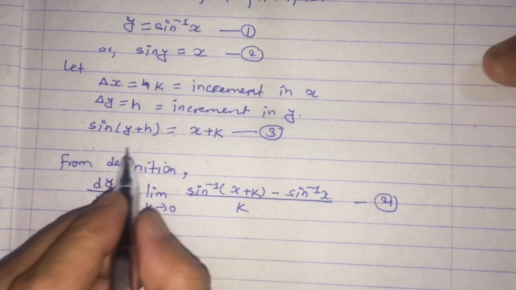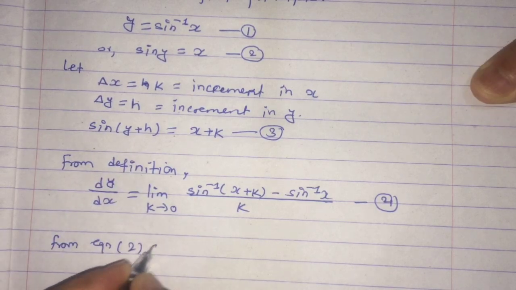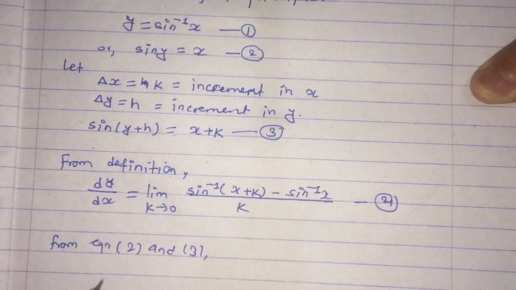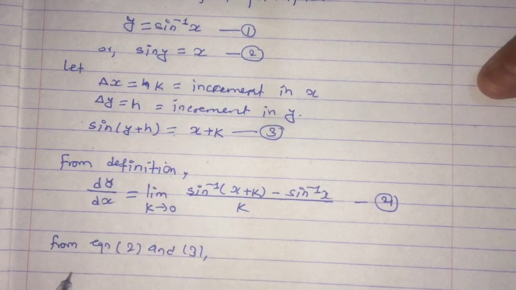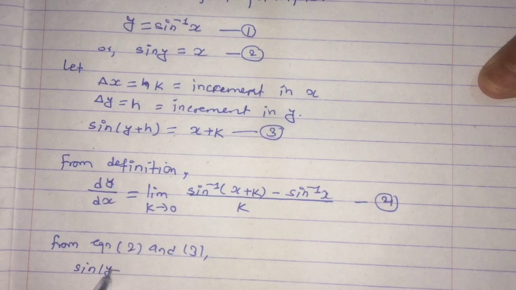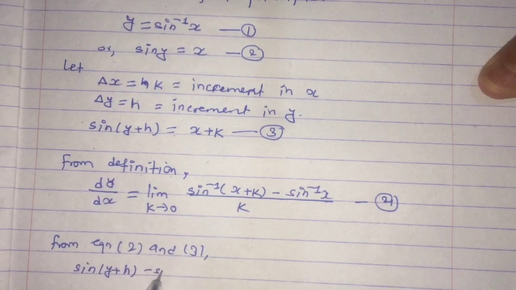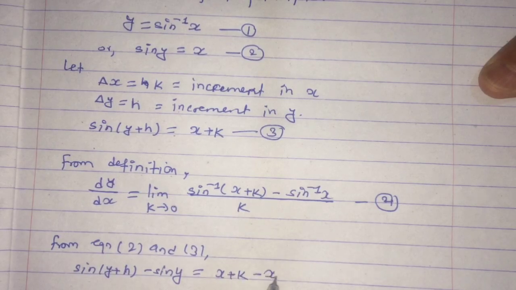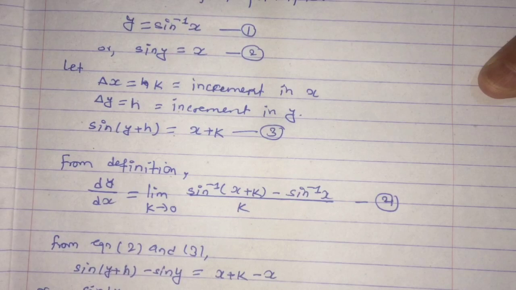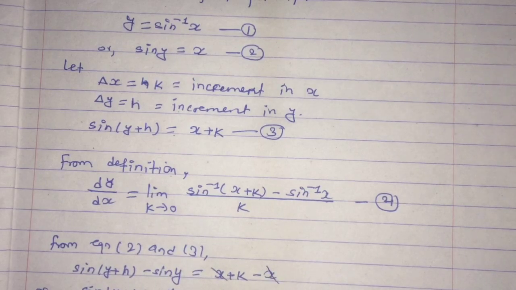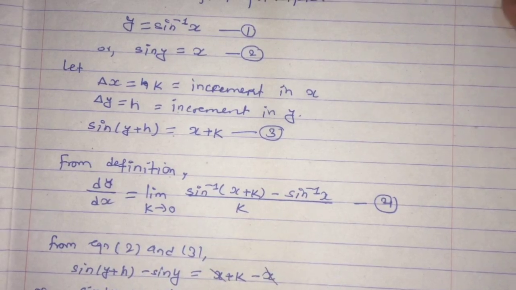So right now, what we have to do is subtract equation 2 from equation 3. Subtracting, we can write sine of y plus h minus sine of y is equal to x plus k minus x, which is simply k, because x is cancelled out.